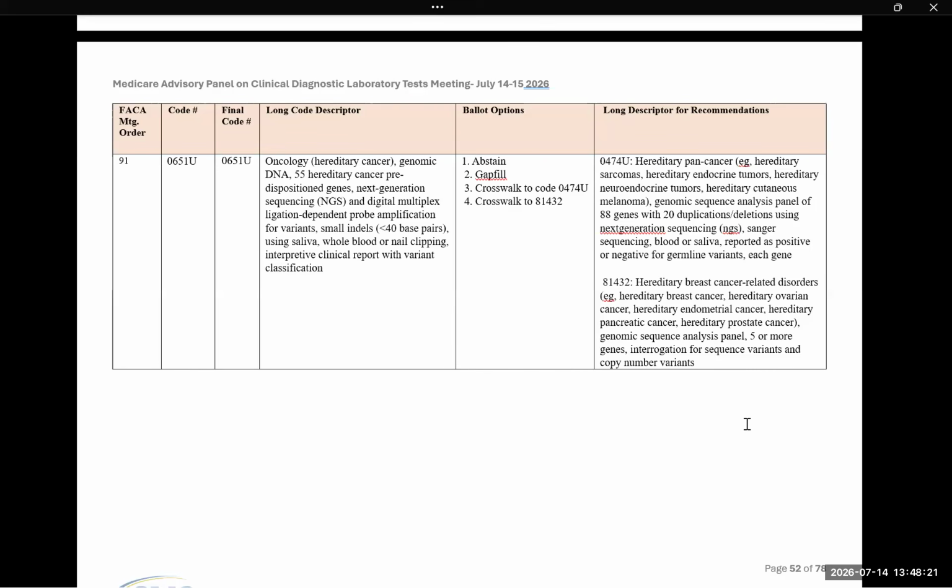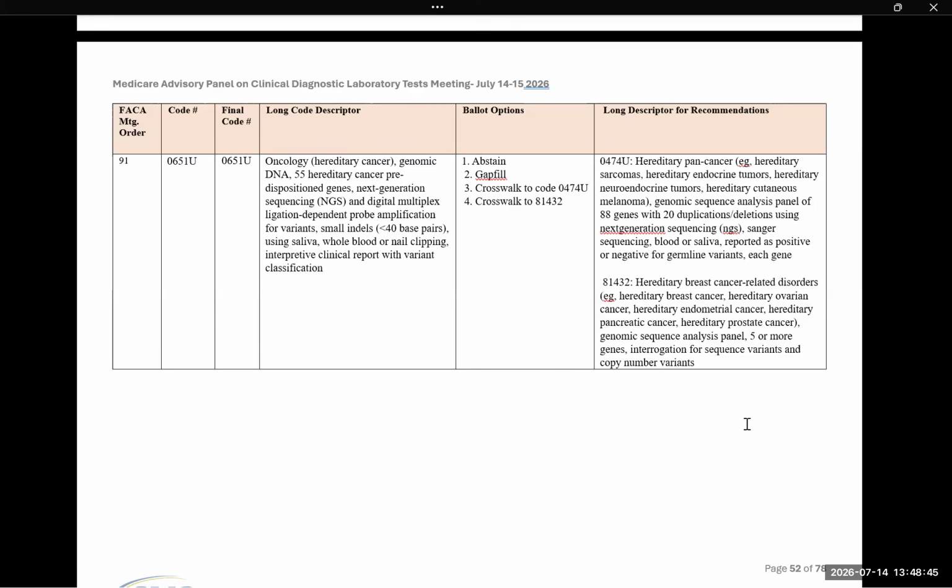There was no recommendation, I believe, on this one from the sponsor or from any professional societies. And after reviewing this code and looking at the options available to us, our recommendation for crosswalk is to 81432.